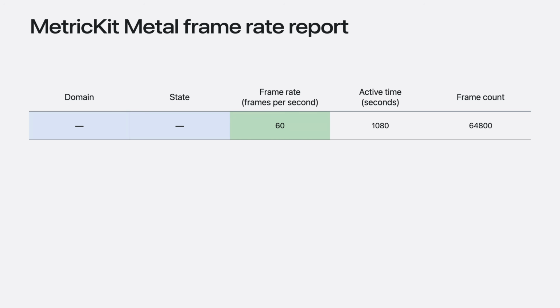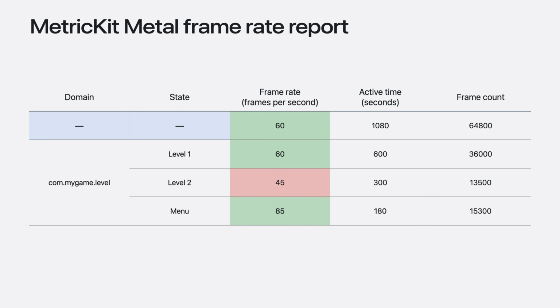In this sample report, MetricKit reports the overall average frame rate along with time and number of frames. It also breaks down the frame rate information by the states in the level domain. These metrics and many more will be delivered to your game process where you can do local analysis and also package up the data for off-device processing and aggregation.